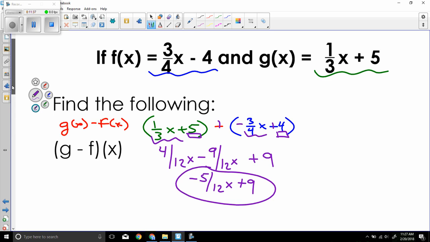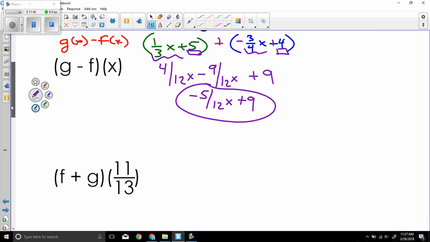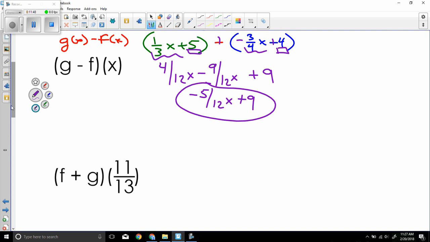If you're not very good with fractions, you really need to go back and look at how to add, subtract, divide, and those types of things with fractions, because we're going to be using them quite a bit. Now would be a good time to pause the video and maybe try this one down here by yourself by plugging in 11/13 into g and f, and then simply adding the two.